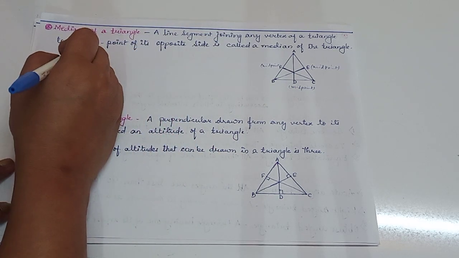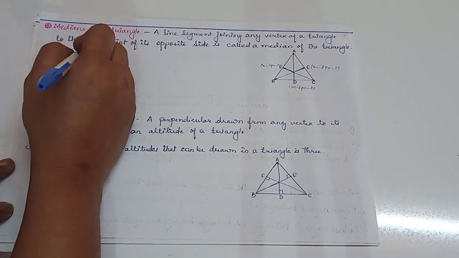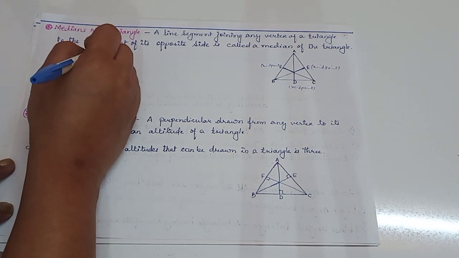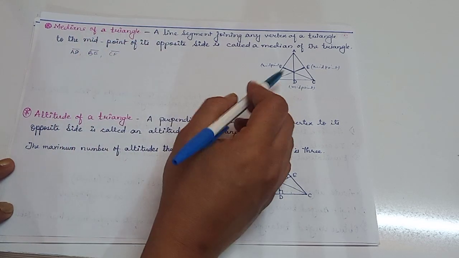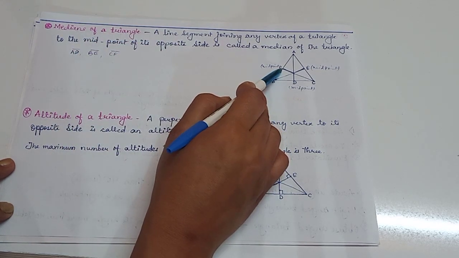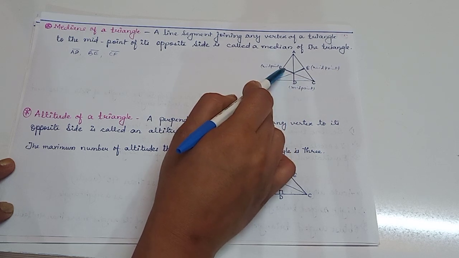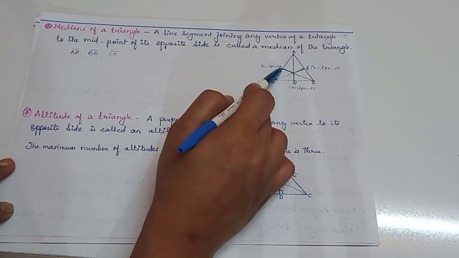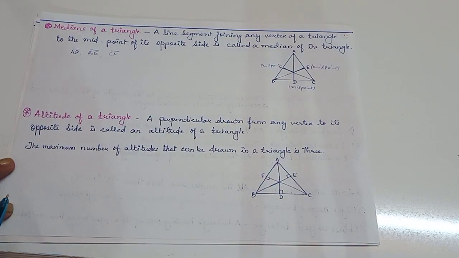So here we have AD as a median, and then we have BE as a median, and then we have CF as a median. Why? Because it's just meeting at a midpoint. The line segment from the vertex is drawn in such a manner that it touches the midpoint of the opposite side. So it is called a median.